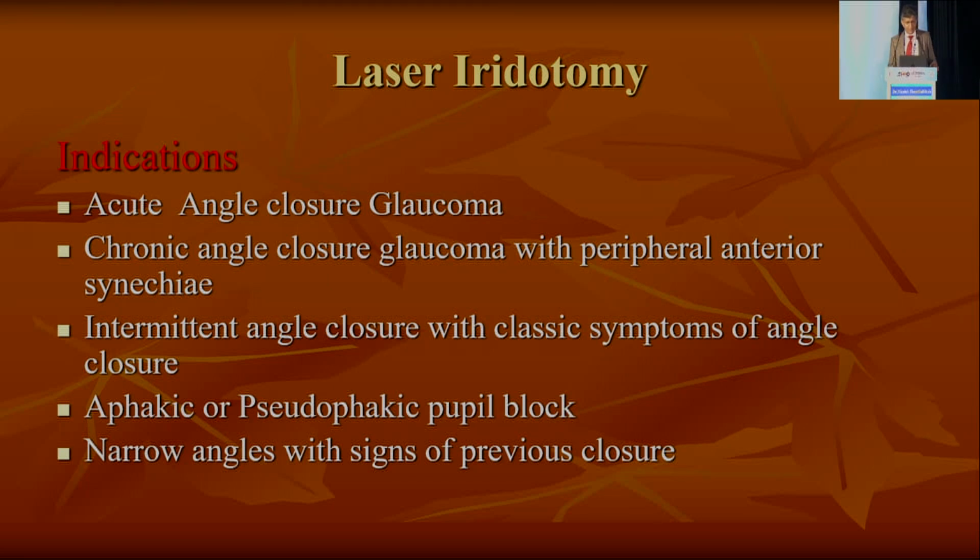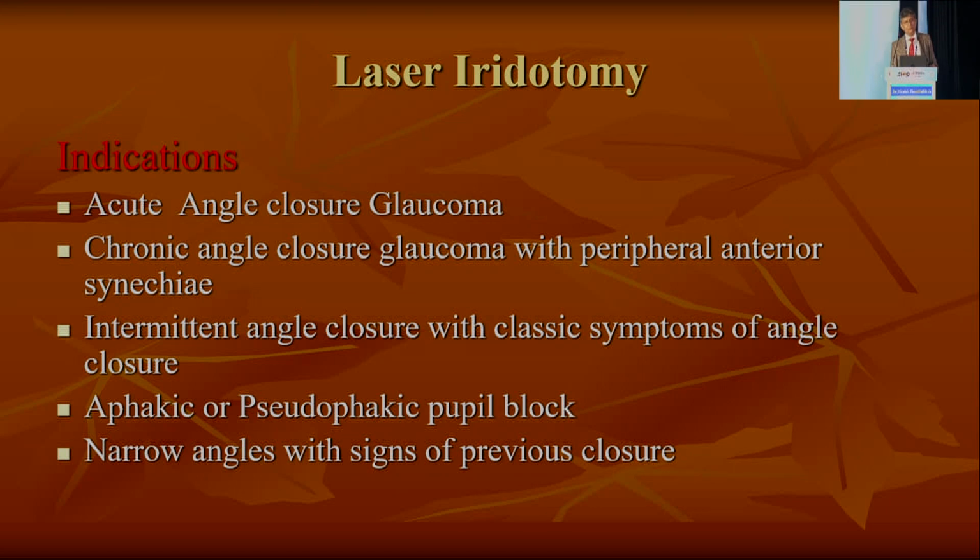In the intermittent angle closure situation, where the discs look normal and many times the pressures are normal, when you do a gonioscopy, there is 360 degrees closure, and there are typical symptoms. The patient complains that when he goes to the theater, he sees colored halos, and you can make a diagnosis that this is intermittent angle closure with headaches and eye pain, and an iridotomy is definitely helpful.